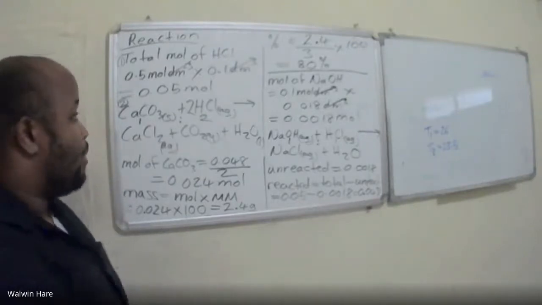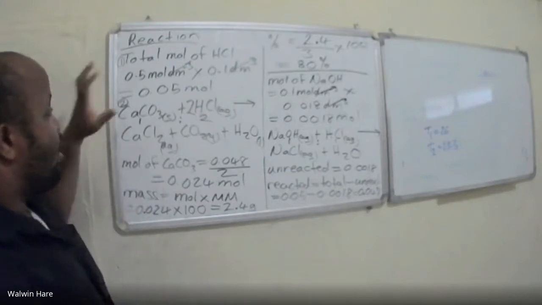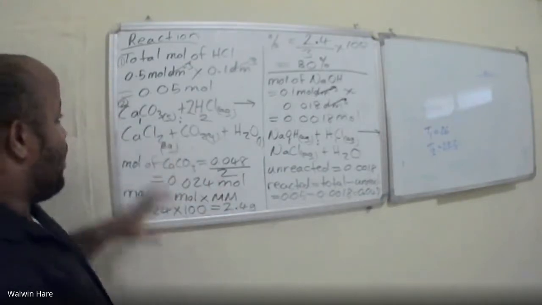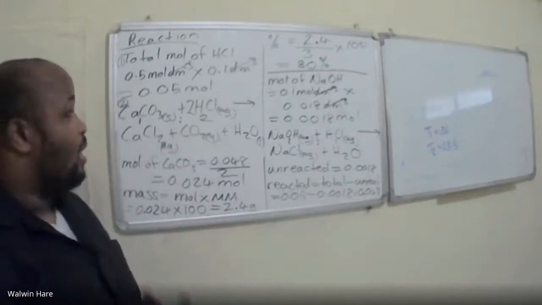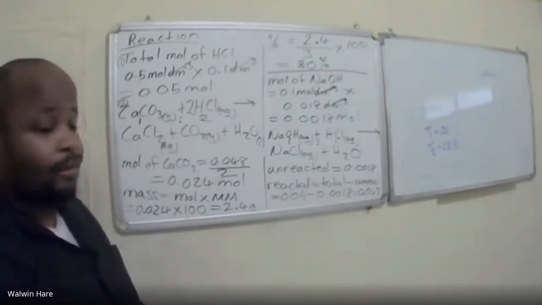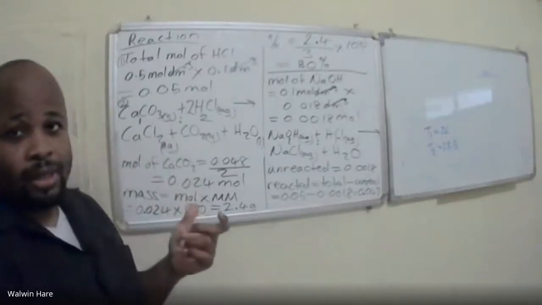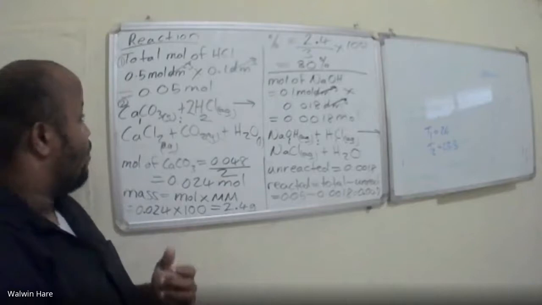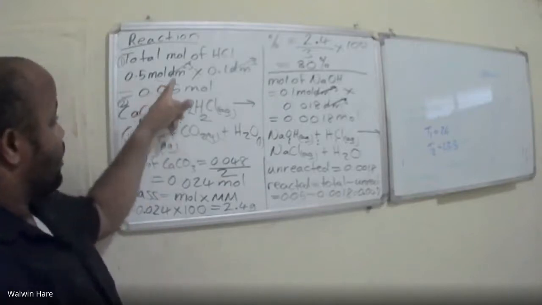on the board. In the question, right? So remember, a reaction occurred between a sample of calcium carbonate and hydrochloric acid. I gave you the mass of this sample, which was 3 grams, and I gave you the volume of the HCl and its concentration, right?